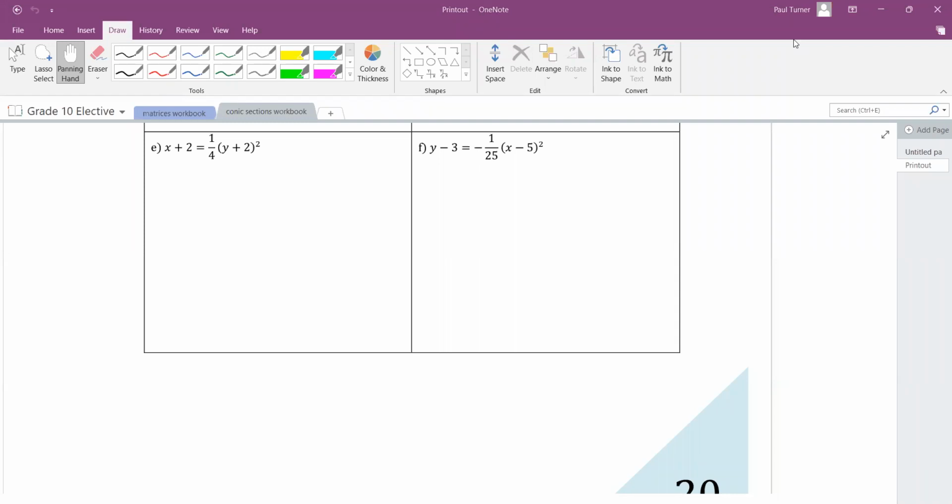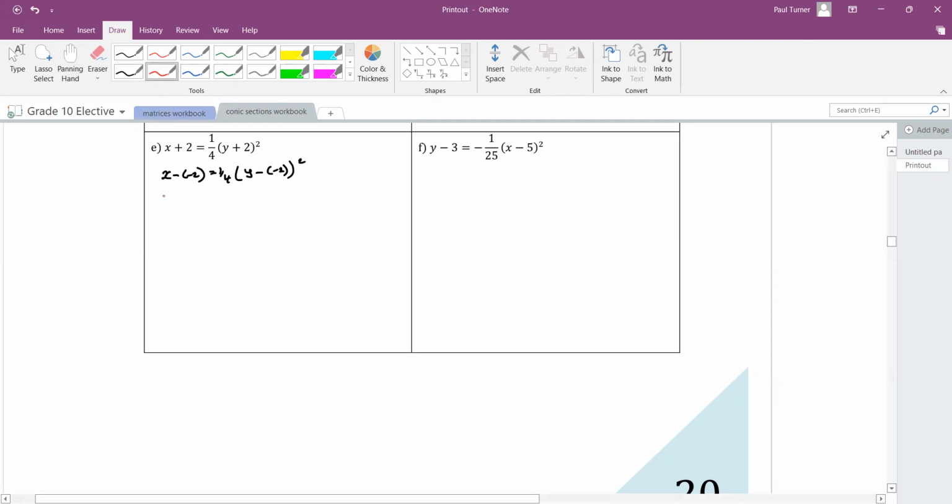In the last two questions, E and F, for question E, we've got x plus 2 equals 1/4 (y plus 2) squared. So let's just rewrite that as x minus -2 equals 1/4 (y minus -2) squared. I did that so we can match our general form.